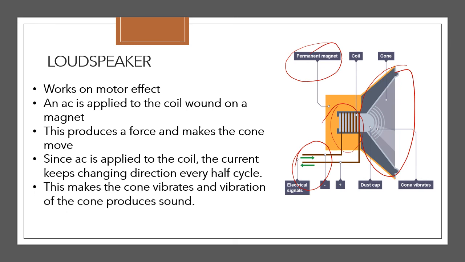So in short, the electrical signals sent to the coil produce a magnetic field which interacts with the magnetic field of the permanent magnet and produces a force. This force makes the cone inside the loudspeaker vibrate, which in turn produces sound. So this is how loudspeakers work.